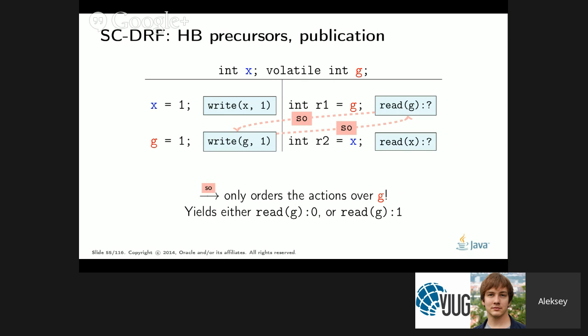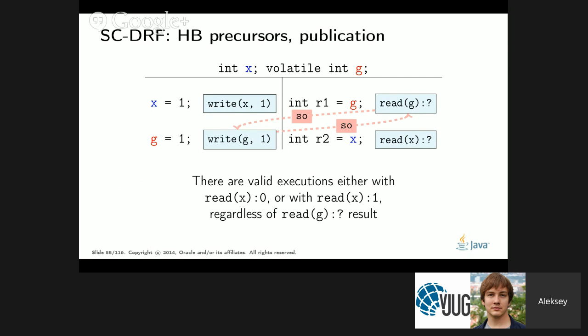But the reads of X and writes of X are not ordered at all. So we can have plausible executions that read either 1 or 0 if we only use the constructions that we have right now, which only care about synchronization actions. We have to add something to the model which will order the accesses to X here.